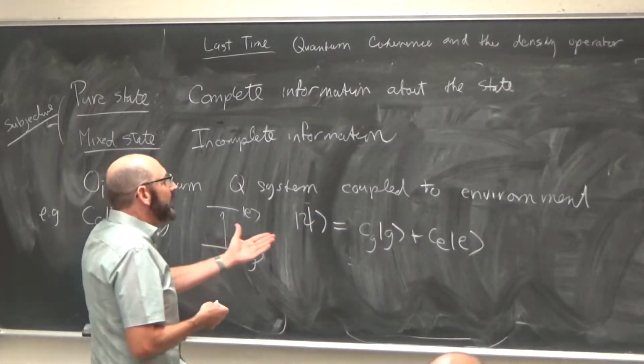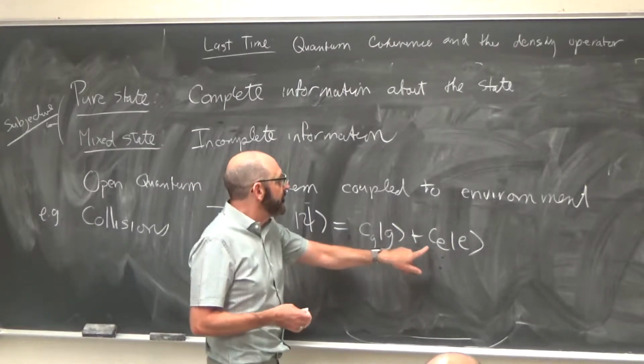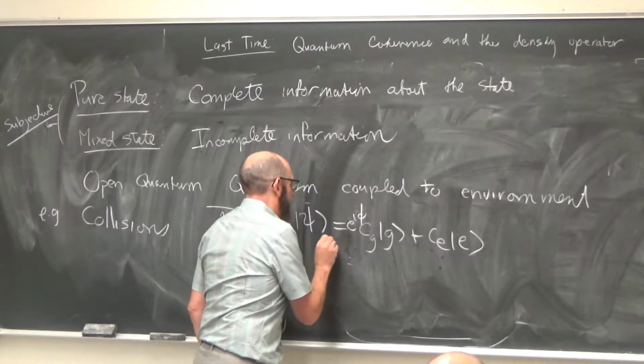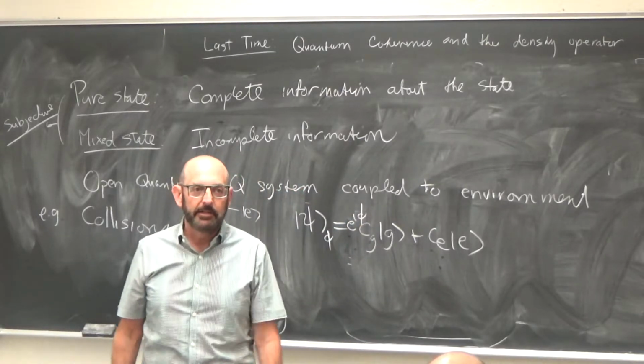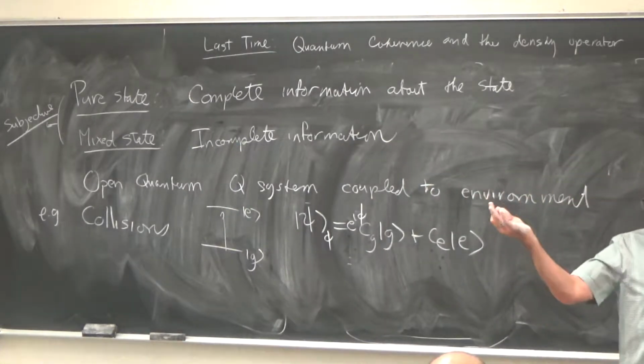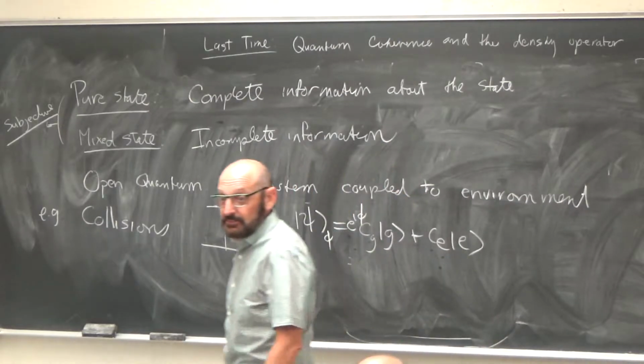So I might get a relative phase of the ground state relative to the excited state. I'll just put that phase like that. Now if I knew what that phase was, it's a pure state, because I have complete information.